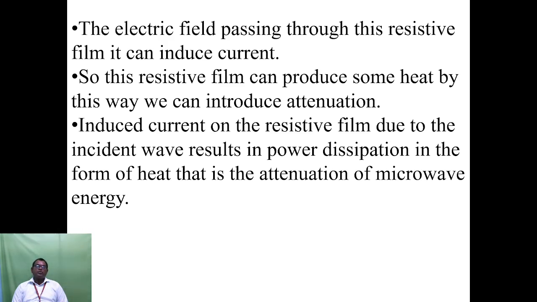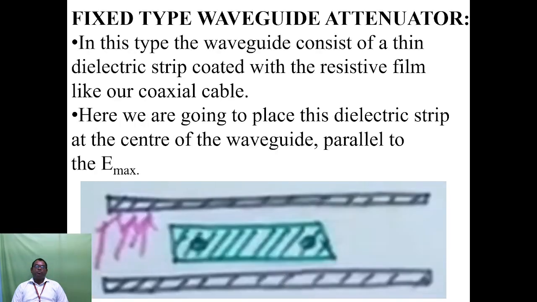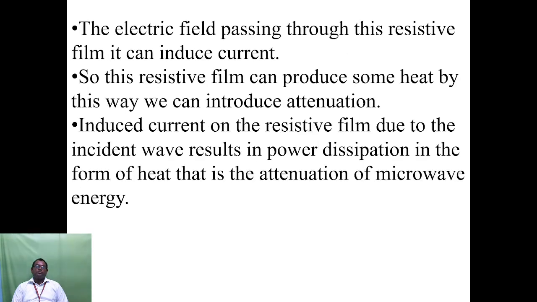The current produced in the resistive film generates some heat. In this way we can introduce the attenuation, meaning the loss of the signal. So the induced current on the resistive film due to the incident wave results in power dissipation in the form of heat, that is attenuation of the microwave energy. So this is one type of microwave device, called the waveguide attenuator.